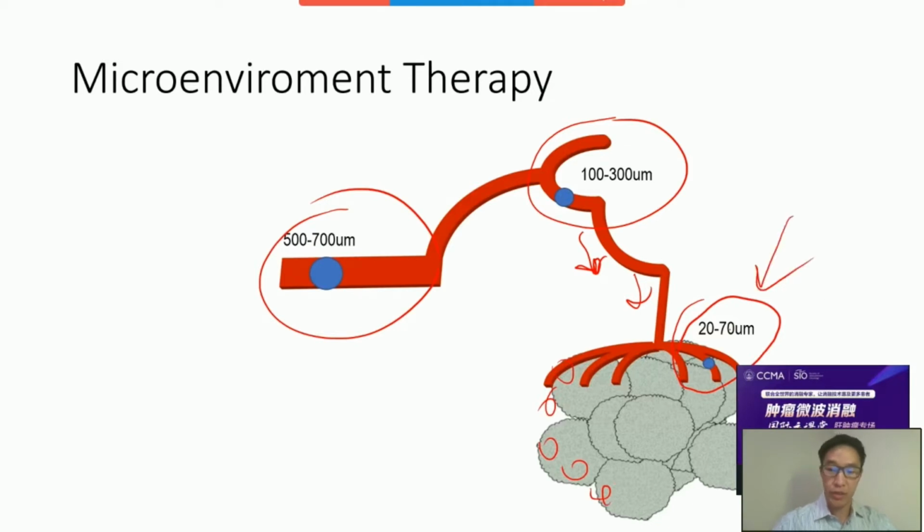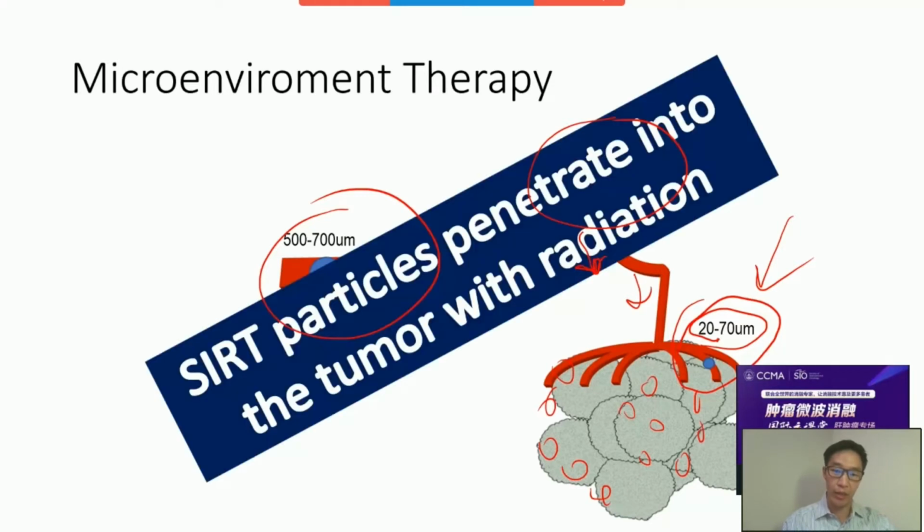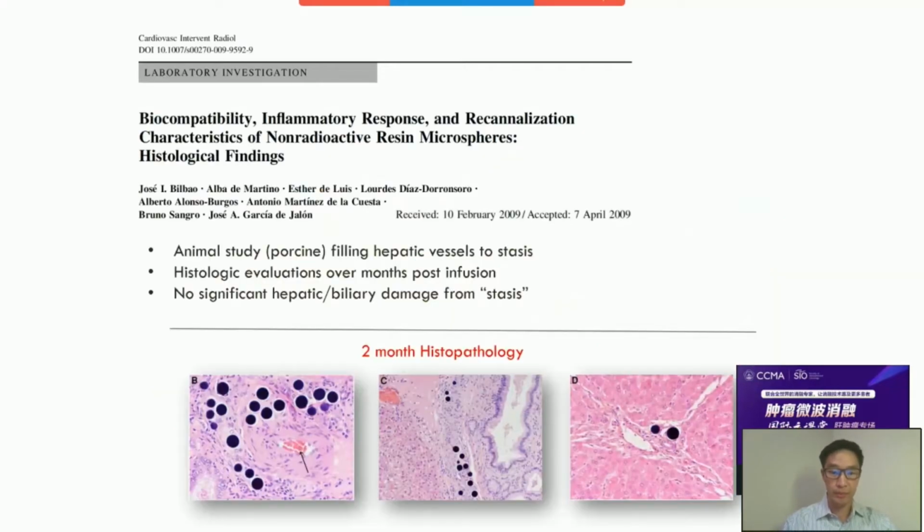With resin microspheres and with Y90 radioembolization, the particles are much smaller, and as a result, they actually penetrate into the tumor. A very important fact, because we do not really see true embolization, angiographic embolization, because the SIRT particles penetrate into the tumor rather than surround the tumor.